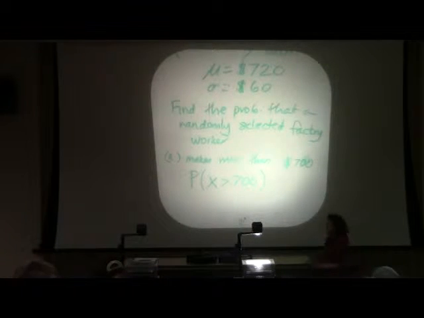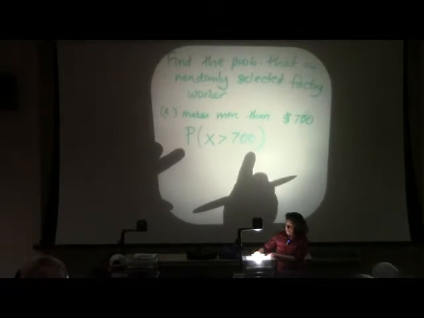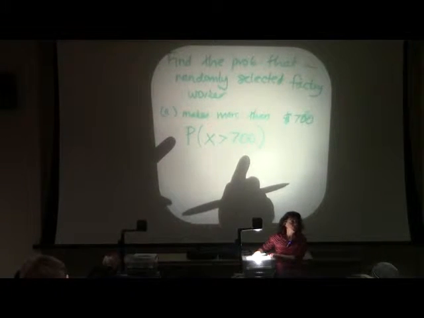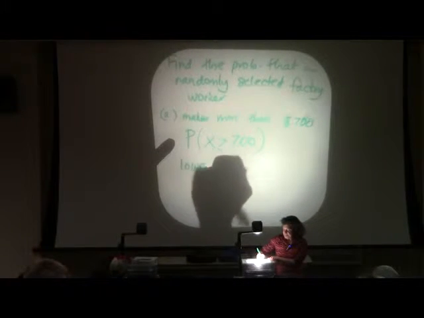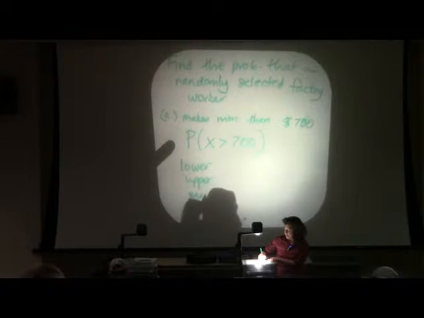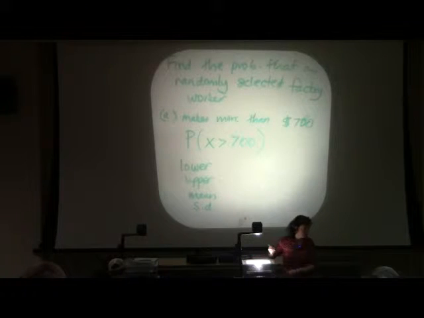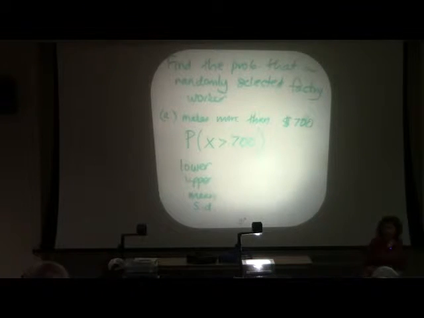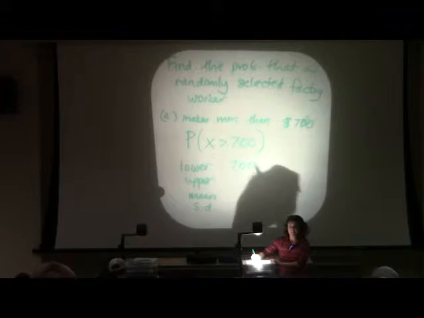Now, remember, if you have a nice calculator, at this point, you're good to go with your computations. Because remember, with those nicer calculators, you need to put in your lower, your upper, your mean, and your standard deviation. If I'm interested in the probability that X is greater than 700, do you agree my lower is 700?